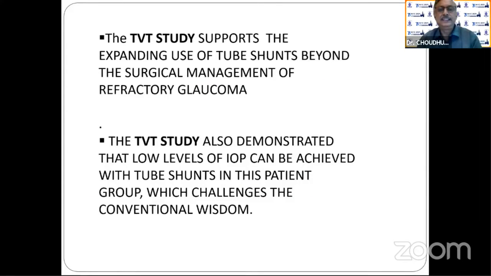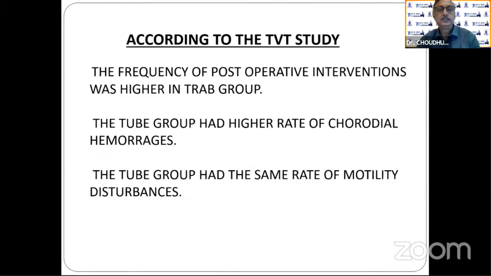Coming to the TVT study, it supports the expanding use of tube shunts beyond the surgical management of refractory glaucoma. The TVT study also demonstrated that low levels of IOP can be achieved with the tube shunts in this patient group, which challenges the conventional wisdom. According to the TVT study, the frequency of post-operative intervention was higher in the trab group.